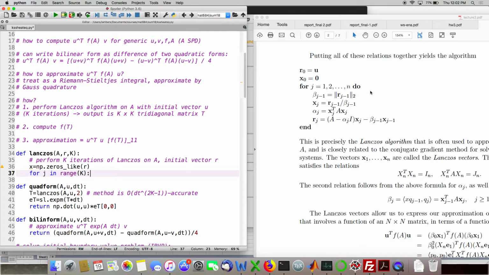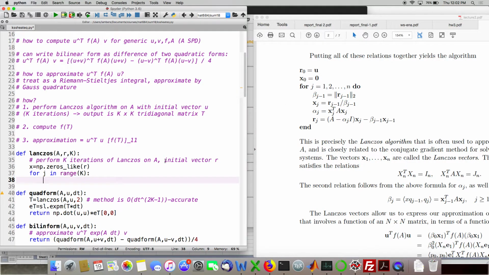So for however many iterations are specified, this will correspond pretty much exactly to what you're seeing here. I need to compute a beta, and that is just the 2 norm of R. So that'll be np.linalg.norm of R. Okay, so that's the vector 2 norm.